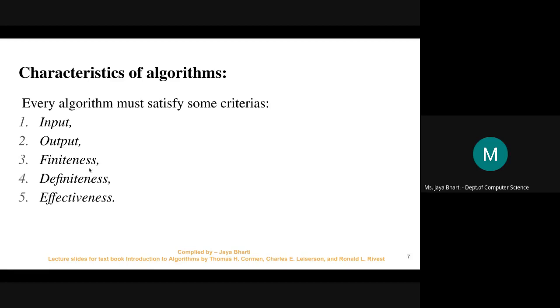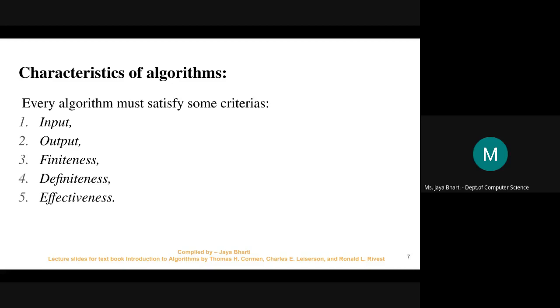Then finiteness: it should halt after a finite number of steps. Whatever algorithm you have made or are using, it should halt after a finite number of steps. Then definiteness means that whatever steps you are using, every step should be meaningful.